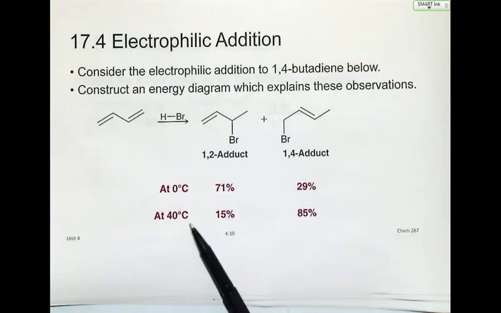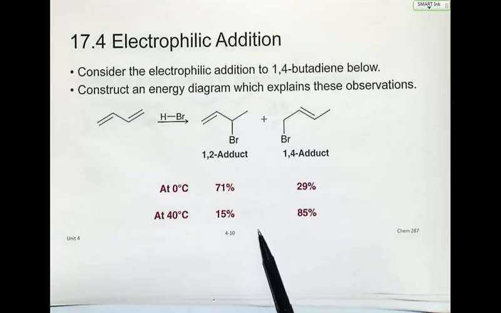But at high temperatures, the trend is reversed. Major product becomes the 1,4. What I want you to do is try to construct an energy diagram explaining why this is happening.